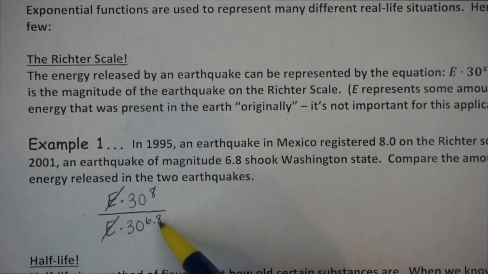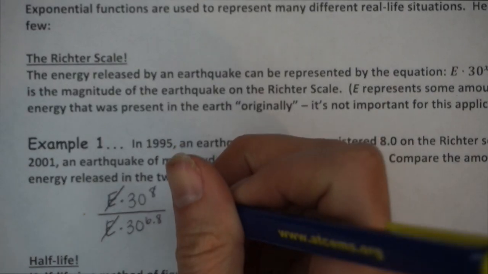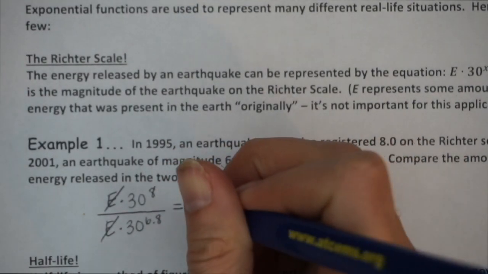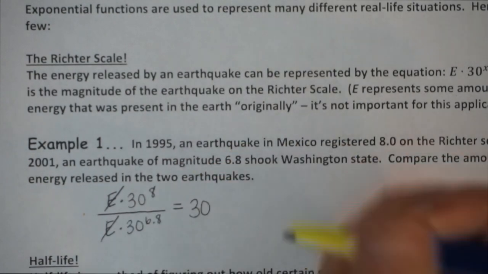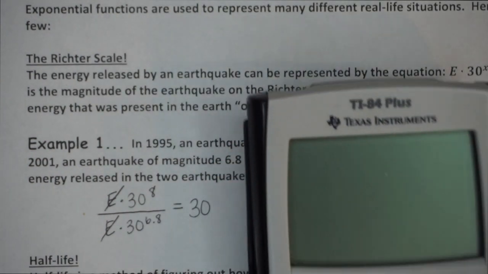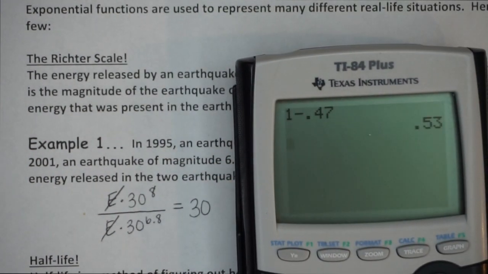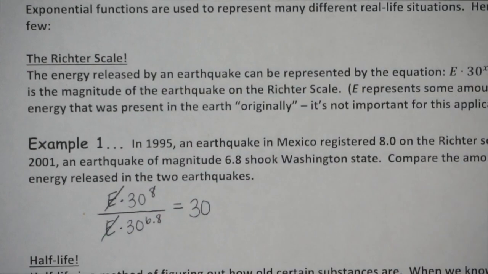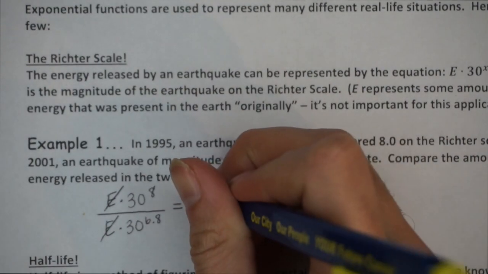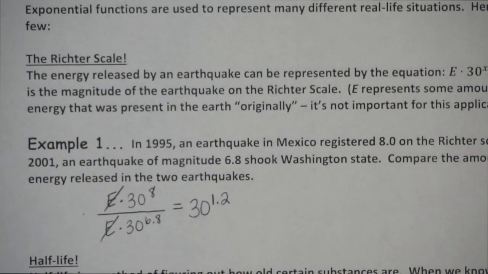Remember, since we're dividing, you can subtract the exponents. So basically what this would become is 30, and then if you subtract the magnitudes, 8 minus 6.8, that would be 1.2. So this becomes 30 to the 1.2 power.